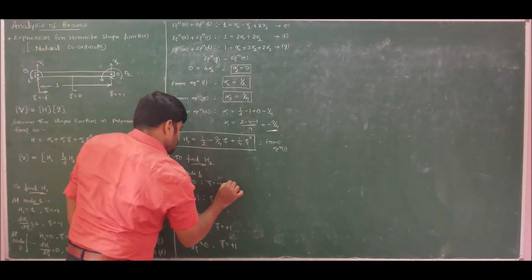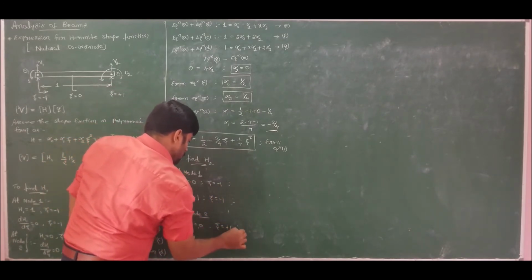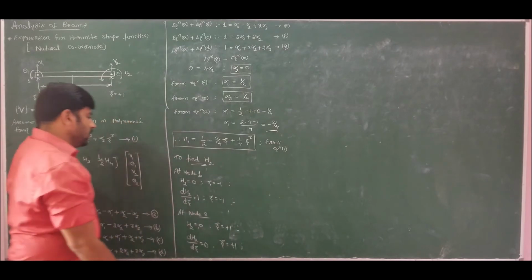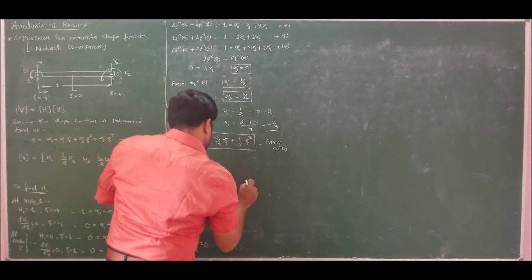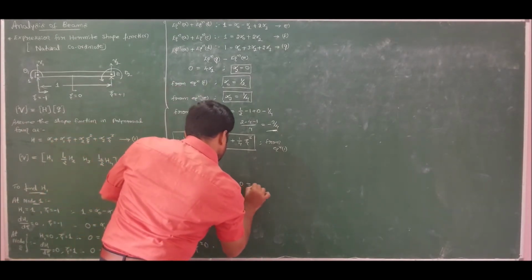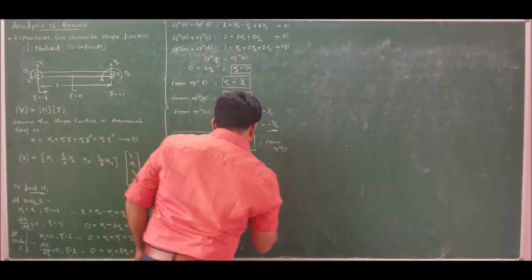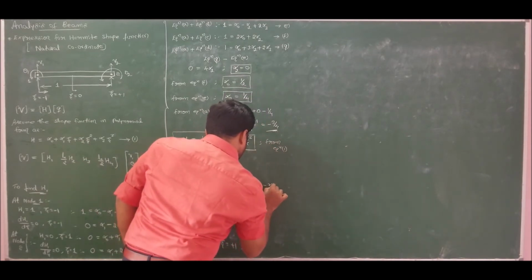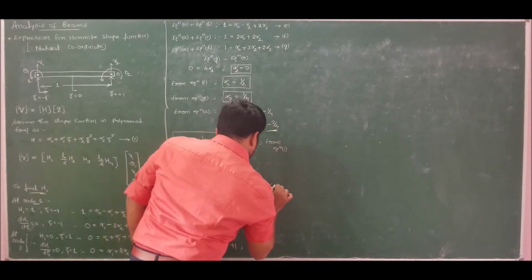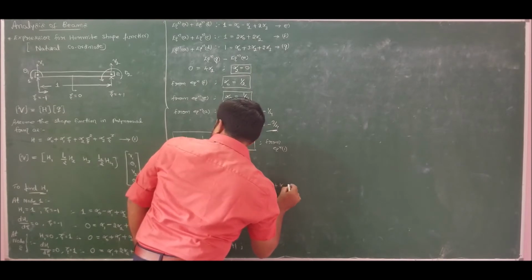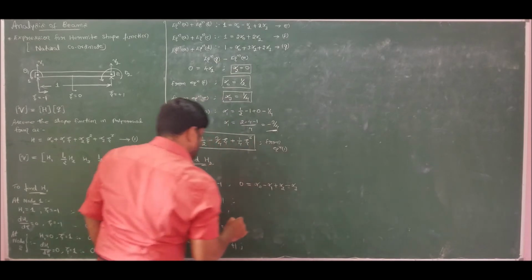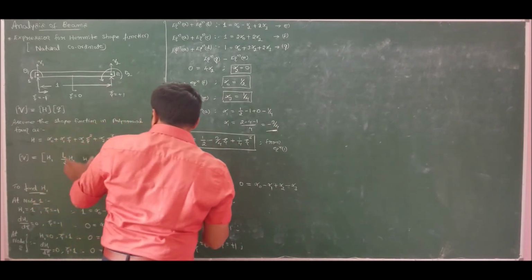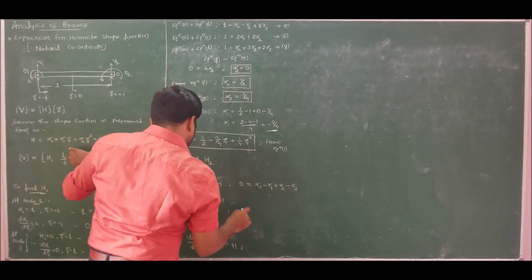So therefore, substitute this into equation 1 and formulate the 4 equations. Substituting into this equation, I will get H2 is 0. So 0 is equal to alpha naught minus alpha 1 plus alpha 2 minus alpha 3.